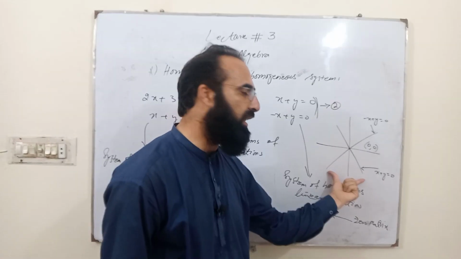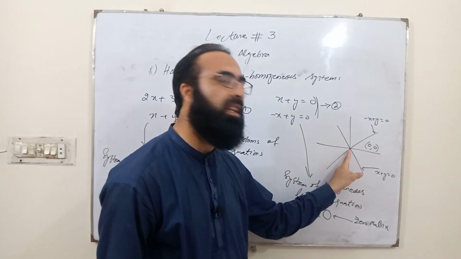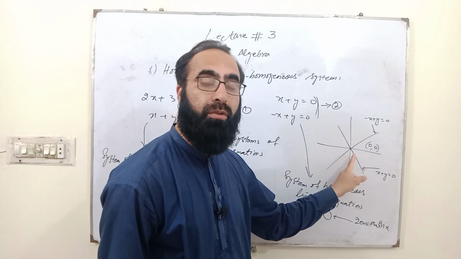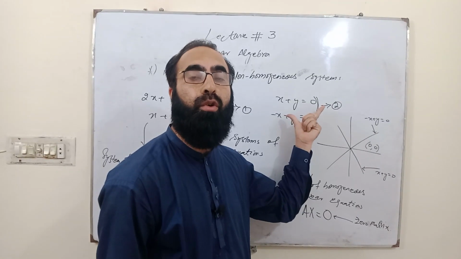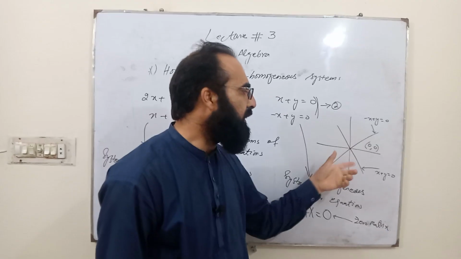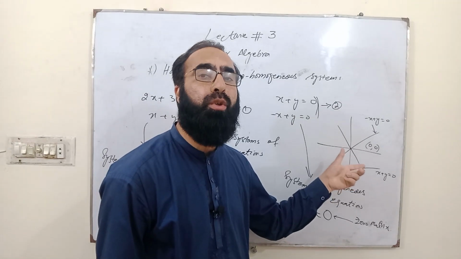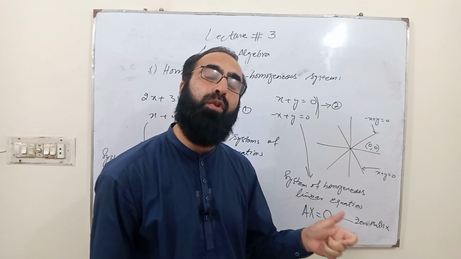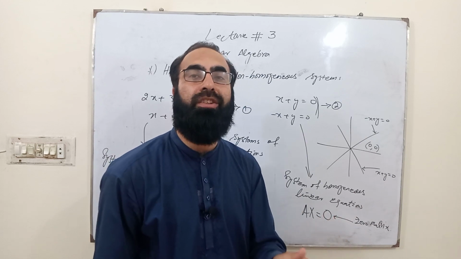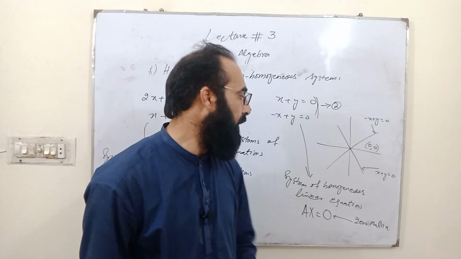Look at these two straight lines, both are intersecting each other at the origin. So this shows that this origin is the solution of this homogeneous system. This shows that every homogeneous system passes through the origin, means every homogeneous system has origin as a solution.